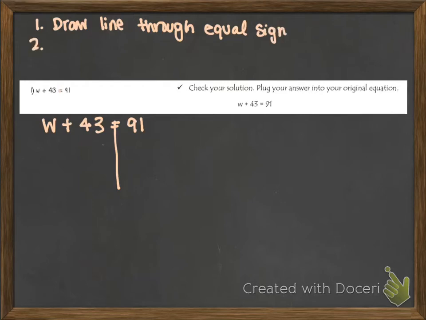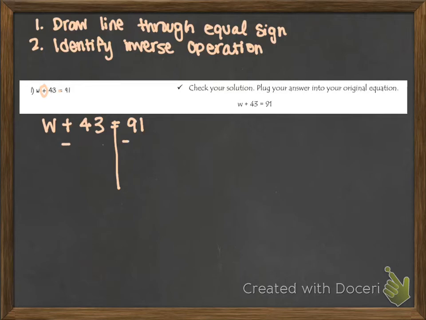Step 2 is going to be to identify the inverse operation. We know that the inverse operation is the opposite operation. Here we have addition, so the inverse operation would be to subtract. So we would write a subtraction sign on both sides of our line.